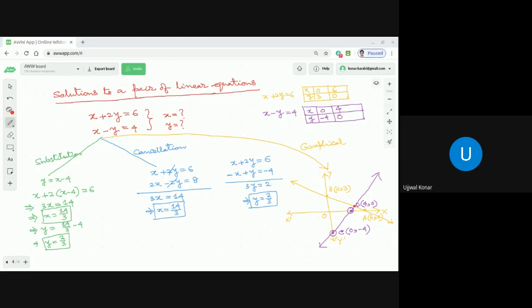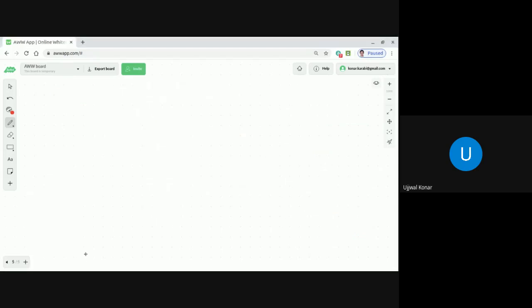So there are some conditions by which we can say whether a pair of linear equations has a unique solution, infinite number of solutions, or no solutions. That is what is called the nature of solutions, and we are going to discuss that in the next page. So here the point is the nature of solutions of a pair of linear equations.